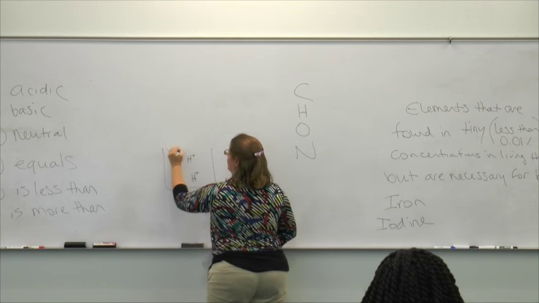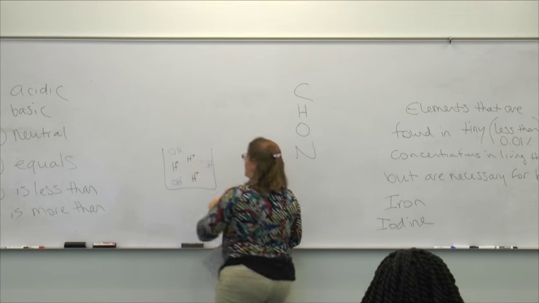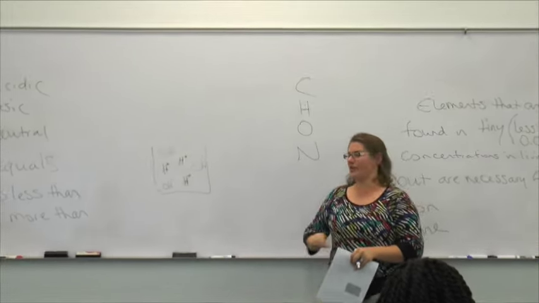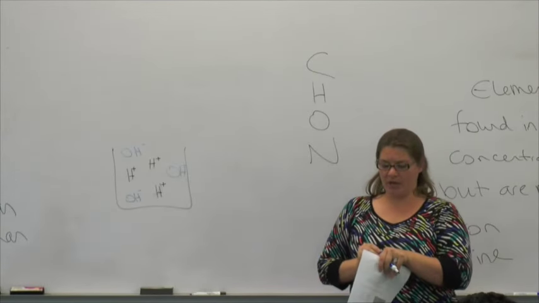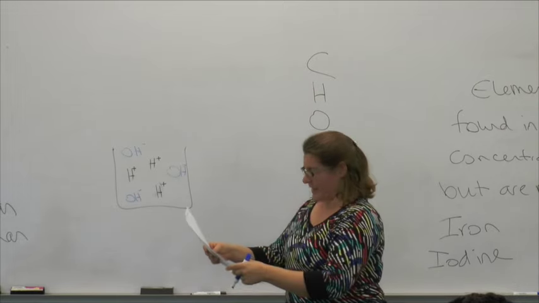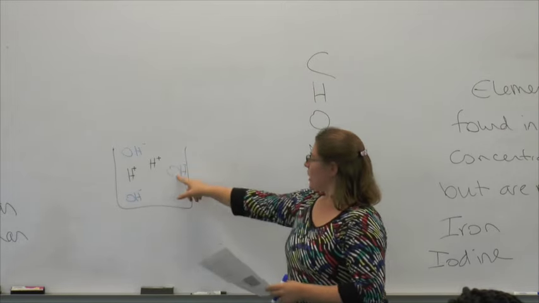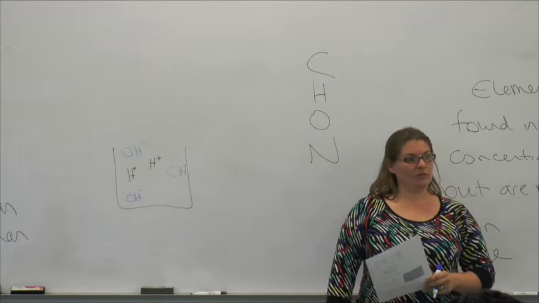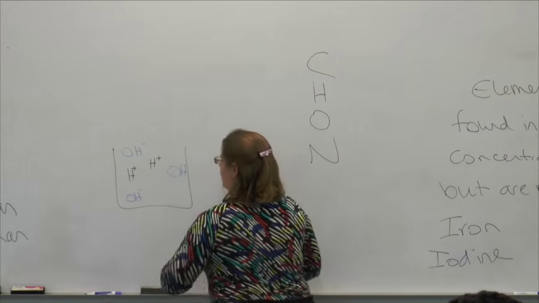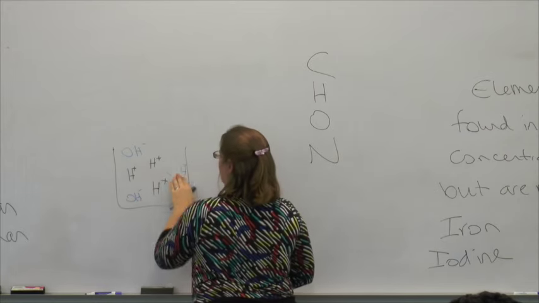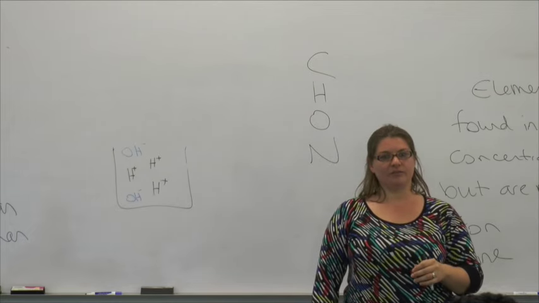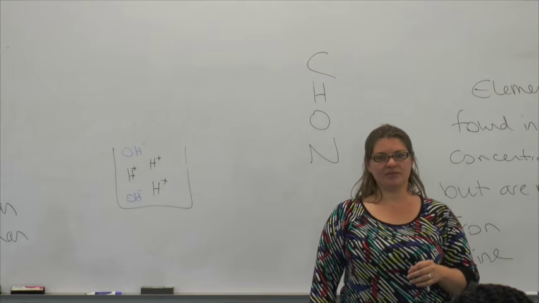And if the concentration of that is equal, then that's neutral, right? You've got 3 hydrogens and 3 hydroxides. So that would be a neutral solution, okay? And there's a picture in the PowerPoint about it. But in this case, like for letter E, okay, here there's more hydroxide than hydrogen. So that's got to be a base, right? But if we reverse this and we kept that hydrogen and we got rid of this hydroxide, then that would be acidic. It's got more hydrogen than hydroxide. Okay, does that make sense?